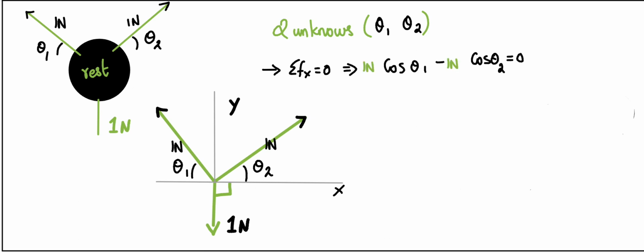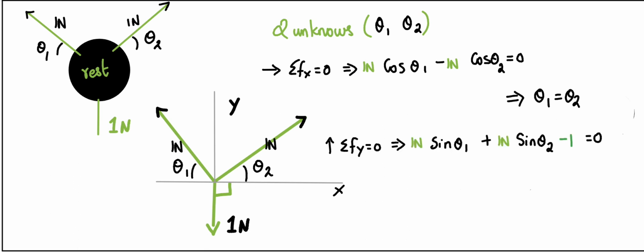First, here the directions of both forces are unknown, the two unknowns are theta 1 and theta 2. So I solve: summation of Fx is equal to 0, so I substitute the values according to the assumed positive direction. So here I come up with theta 1 is equal to theta 2. Now I substitute summation of Fy is equal to 0. Substituting theta 1 is equal to theta 2 in this equation, I come up with 2 sin theta 1 is equal to 1.